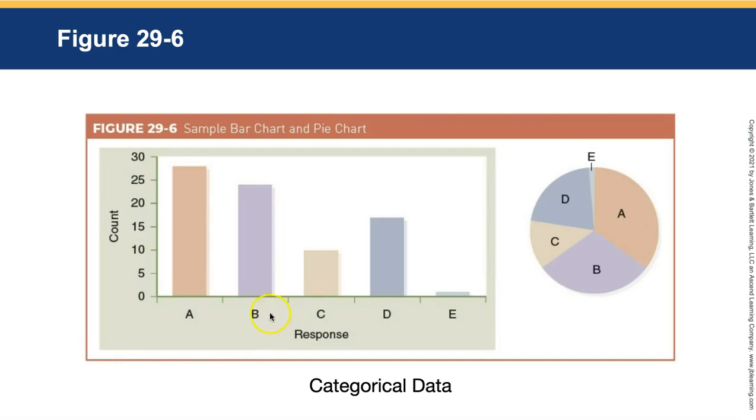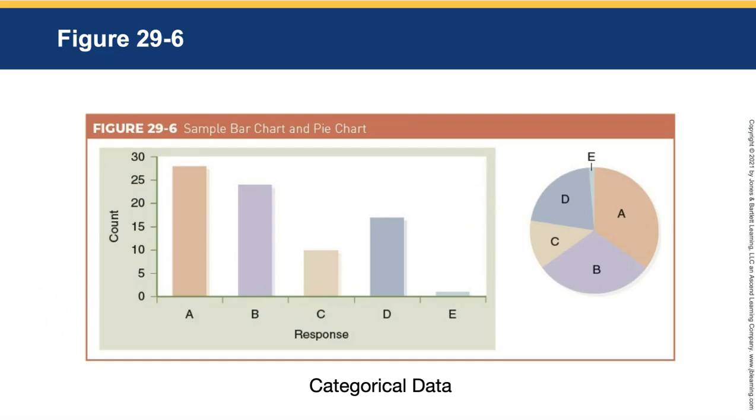Here's cats, here's dogs, here's gerbils, here's fish, and here's birds, okay? You can put those responses in any particular order without it affecting your data because there is no inherent order to those categorical responses. And here is the count of the number of people who said that cats were their favorite animal right there. So that is a bar chart, categorical data.